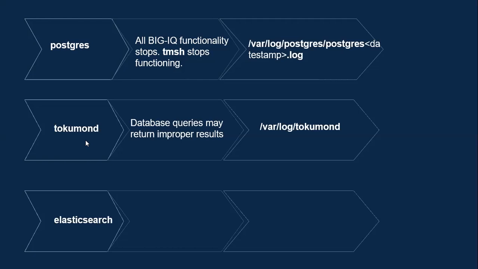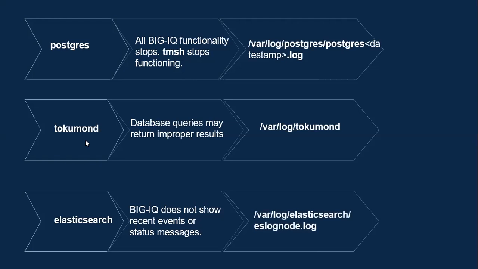If this is not working, it does not show any of the recent events or status messages which are received from your DCDs. In order to analyze any issue with respect to Elasticsearch, you'll have to go to var log elasticsearch ES log node.